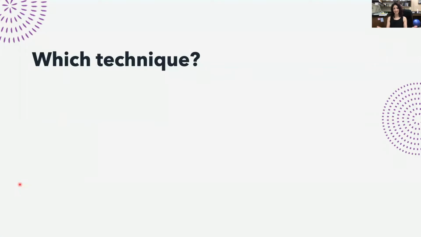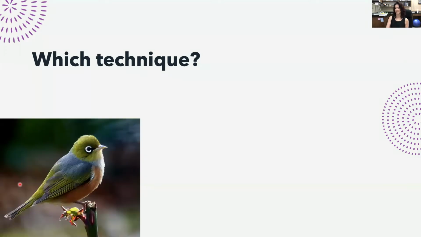So I'm going to ask you, which technique would you use to estimate the population density of some of these organisms? So first up, we have this cute bird. Which do you think would be the most useful in capturing the population density of a bird? Well, on the previous slide, we discussed two different ones.